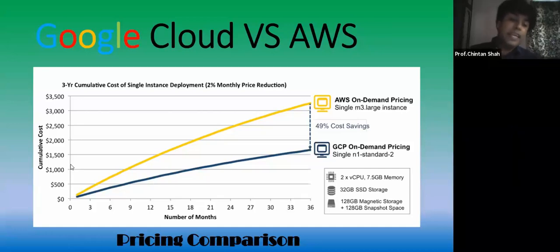And if I take my graph further, if you look at it for 3 years, that is 36 months, you can see a total savings of 49%, which is very huge. So in terms of pricing comparison, Google Cloud is the clear winner. Let us not stop our comparison here. Let us go to the next slide, where we are going to compare Google Cloud and AWS in terms of machine type.